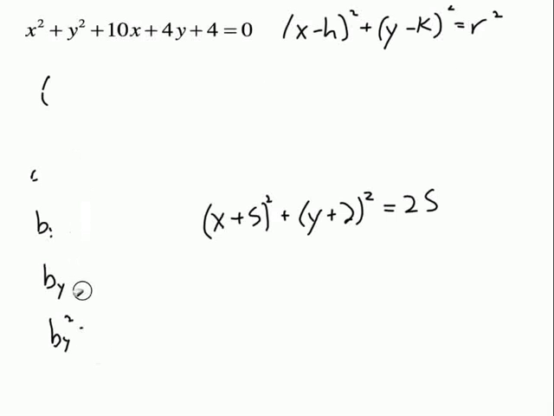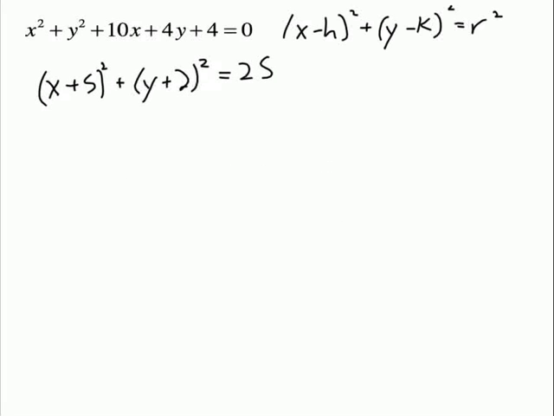So we end up getting, if I have this, I know the center is going to be at, remember it's the opposite of this guy, negative 5, negative 2. And then the radius is going to be what squared gives me 25, and so the radius is going to be 5.